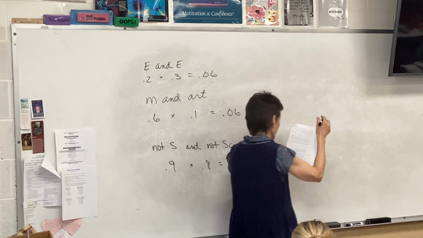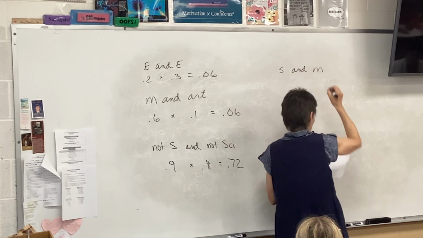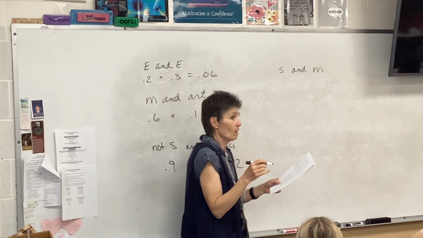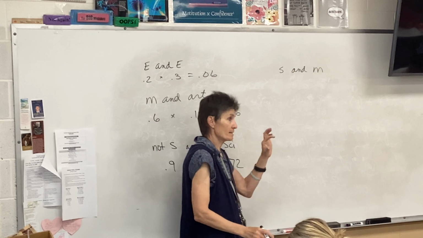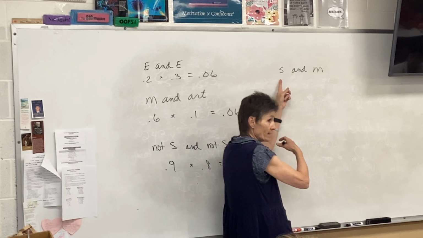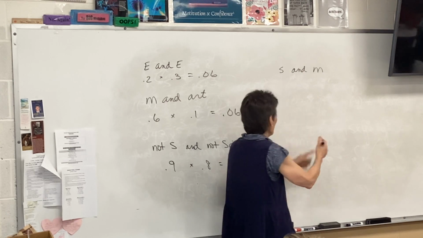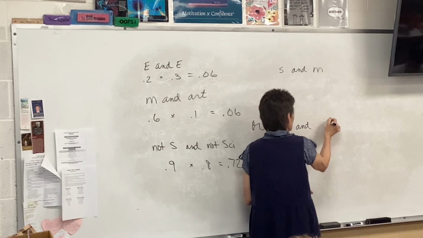And then we want science and math. Tricky about this one. It doesn't say which part. It doesn't say who's who, right? So I could have first science and second math, or I could have first math and second science.